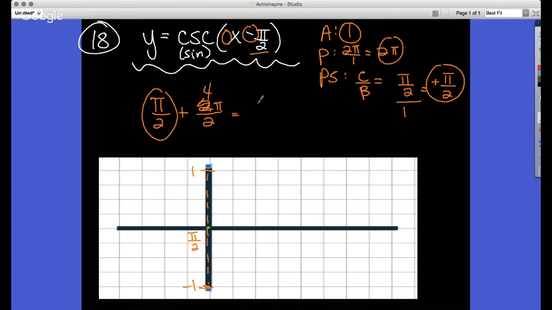Pi over 2 plus 4 pi over 2 gets me. Remember, the 2 stays the same on the bottom when I add. When I multiply, it's different. But when I add, keep that there. 4 pi plus pi is 5 pi. So my ending point is 5 pi over 2. Again, yours may be a little bit bigger, and that's okay. You only need one period.